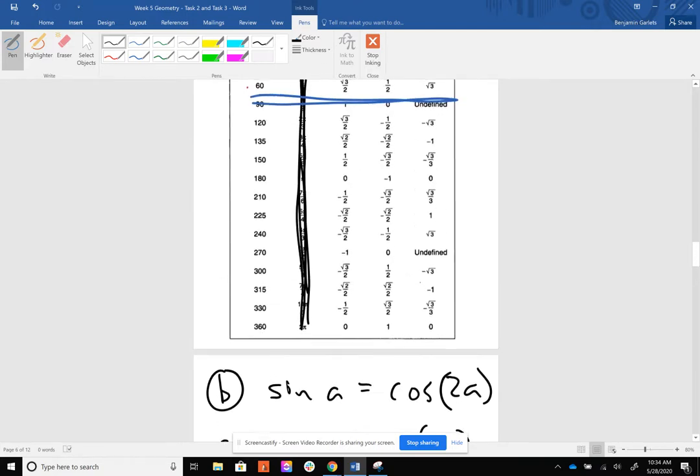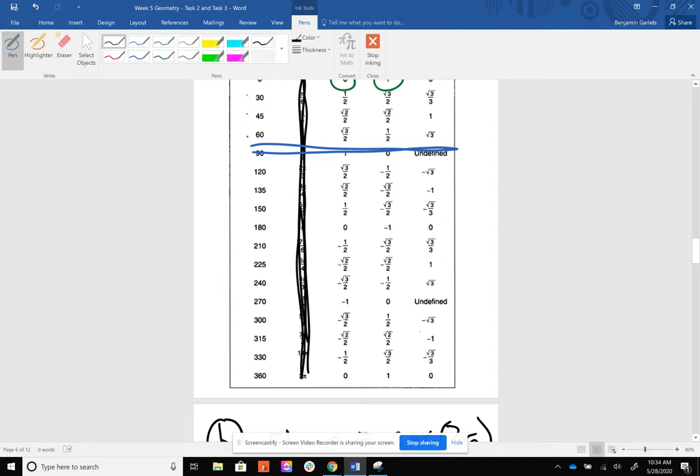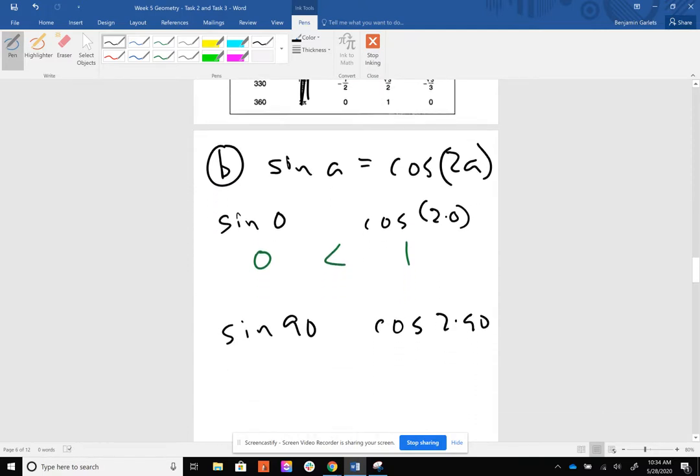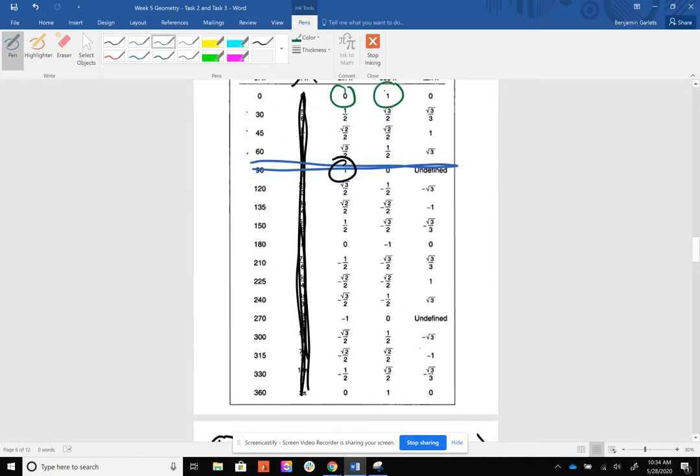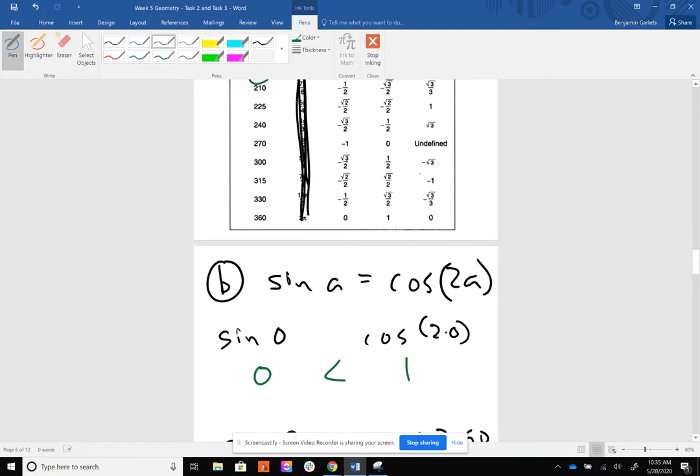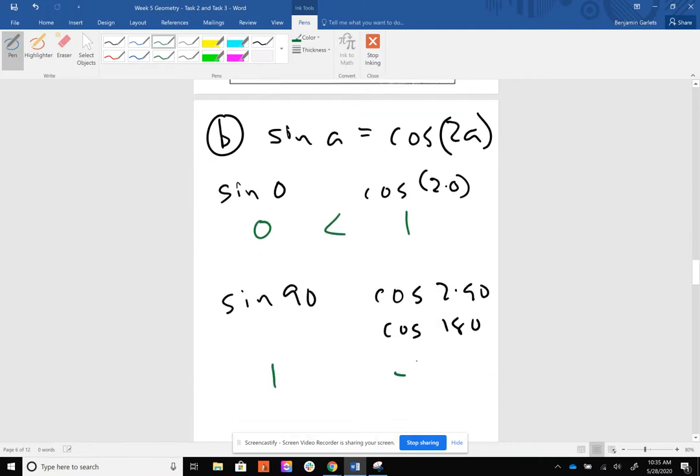The sine of 90 is 1, and 2 times 90 is 180. So cosine of 180 is negative 1. So I know that 1 is greater than negative 1.